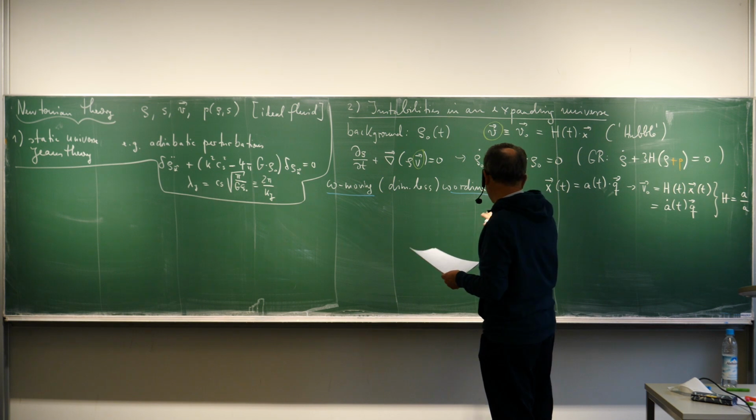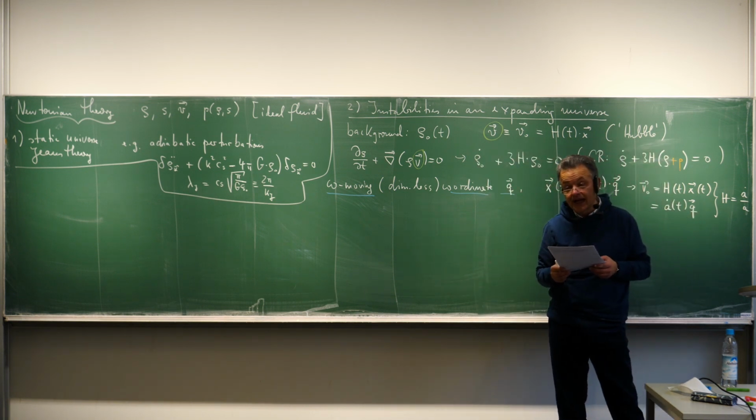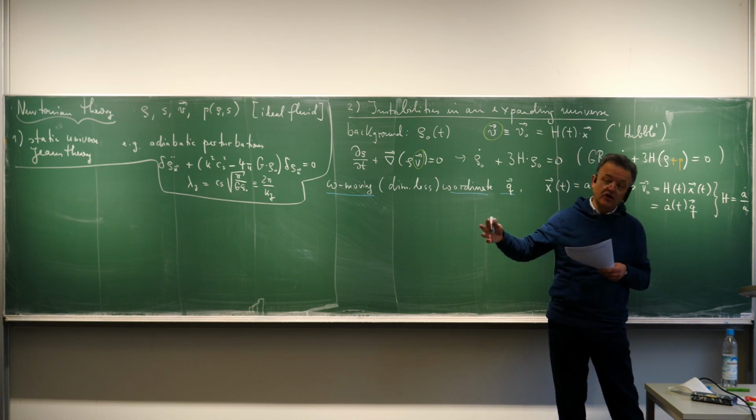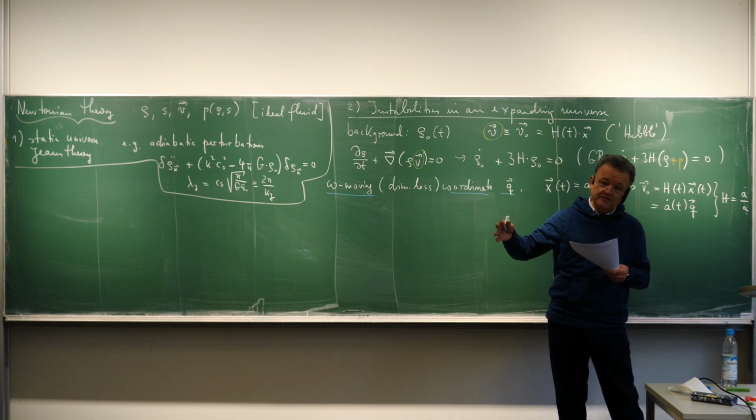Now using the q, of course, then we have to rewrite also the derivatives from a coordinate system where x is fixed to a coordinate system where q is fixed.